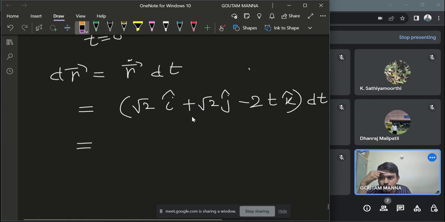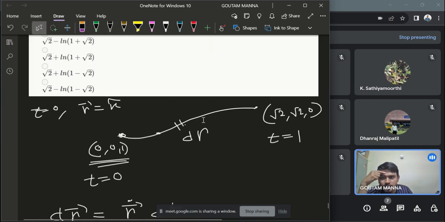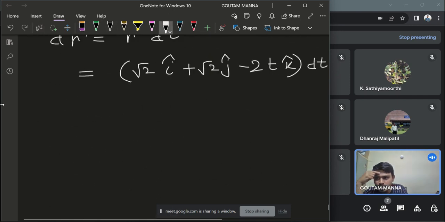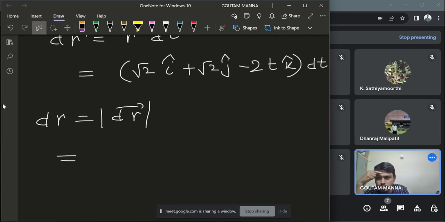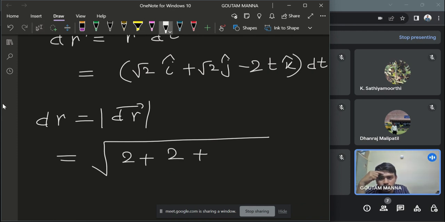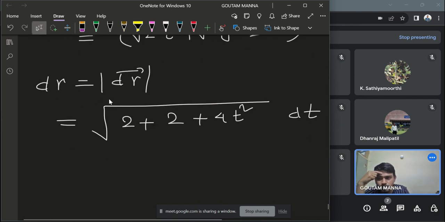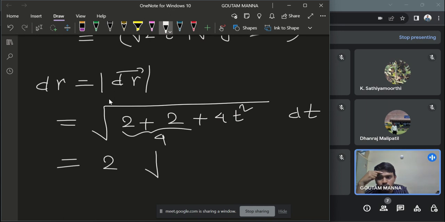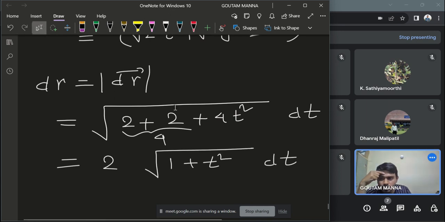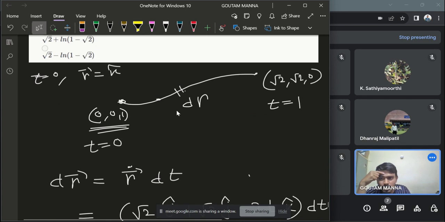Then the infinitesimal length, dr will be mod of dr vector, which is root under x component square is 2 plus y component square is 2 plus z component square is 4t square, times dt. So if we do this addition, it will be 4, and if I take 4 outside, 2 times root of 1 plus t square dt. So this is the infinitesimal length, and we will just add it up.